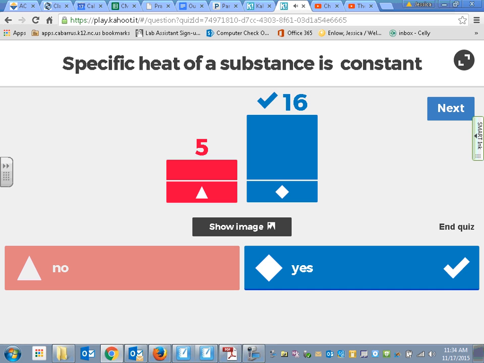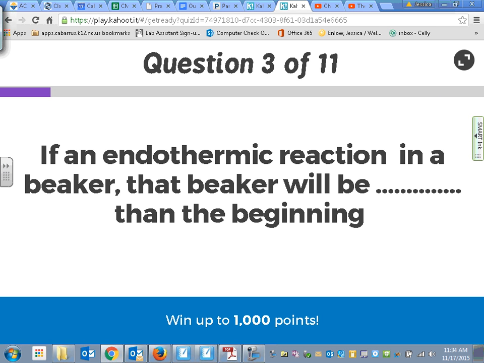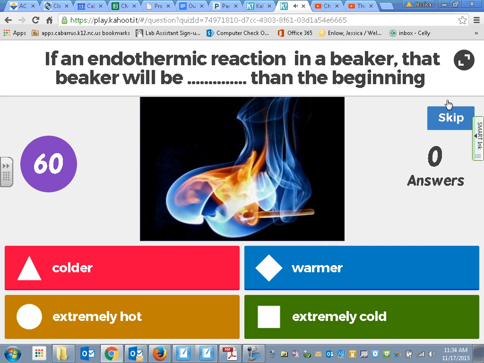Okay, so the specific heat of a particular substance in its particular state is constant. A specific heat of a substance is different than other substances. Keep it up. If an endothermic reaction occurs in a beaker, that beaker will be blank than the beginning.